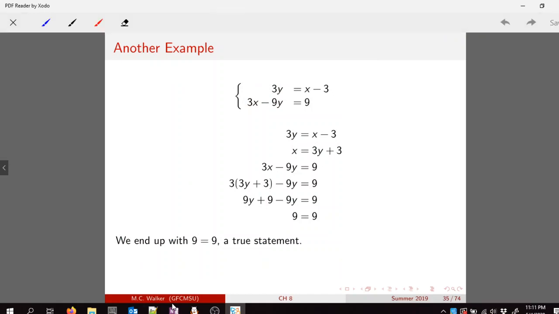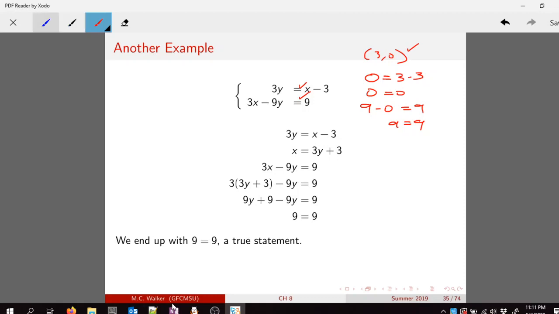Let's see, we had (3, 0). That's 0 equals 3 minus 3, so 0 equals 0. Yep, that works. And then 9 minus 0 equals 9, so 9 equals 9. Yep. (3, 0) works for both of these.